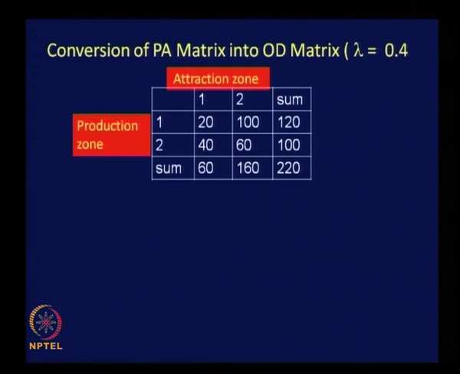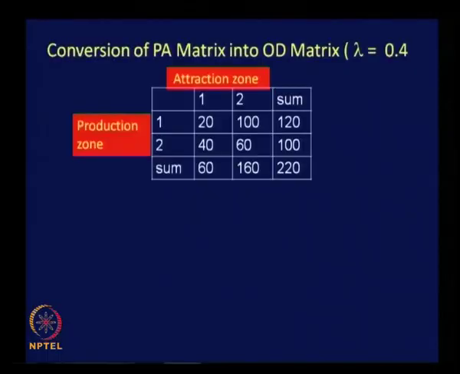Let us say we are interested to convert the cell value pertaining to T11. What will be the value of T1-1? T11 means trips produced at zone 1 and attracted to zone 1 itself, right, and the corresponding cell value in OD matrix will be trips originating from 1 and destined to zone 1 itself.